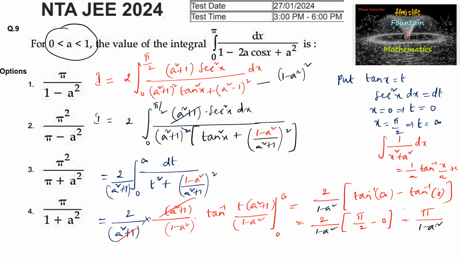So pi upon 1 minus a square is the answer, which is option A. So I can go with option A.